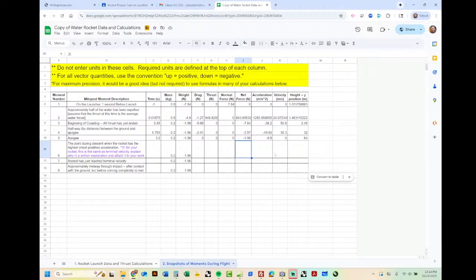I'm going to say, instead of accelerating downward at -9.8, I could either decide on my net force or I could decide on my acceleration. I'm going to do acceleration. I'm going to say it's accelerating upward at faster than g, so 15. I just pulled that number out of wherever.